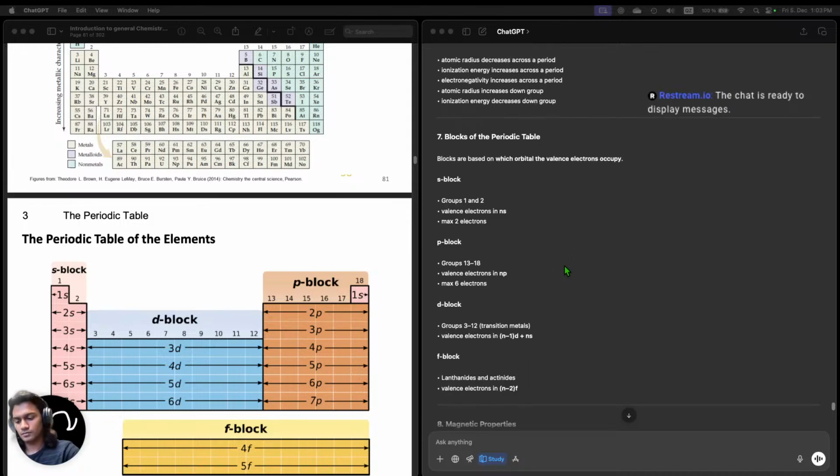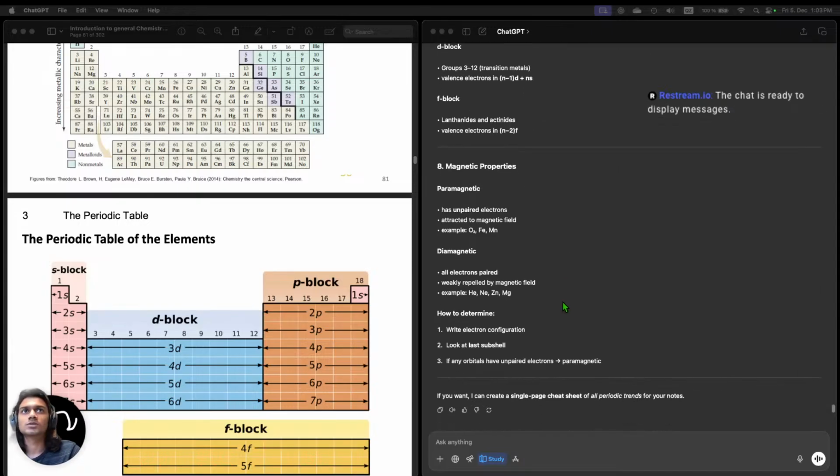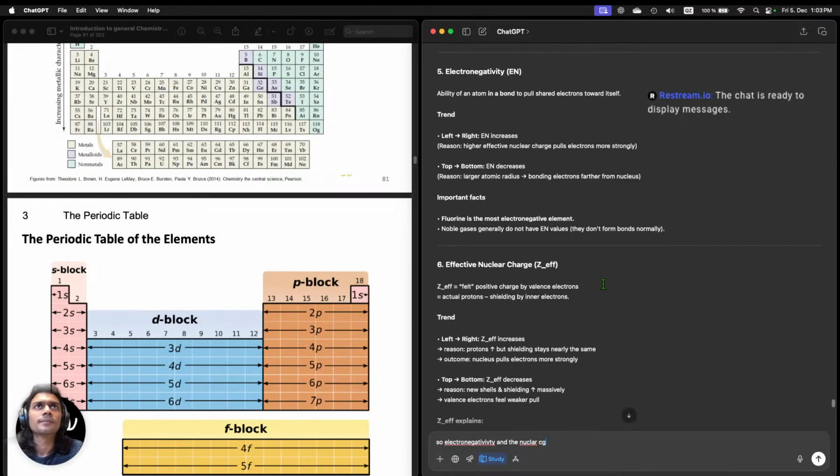Wait. Electronegativity and effective nuclear charge.